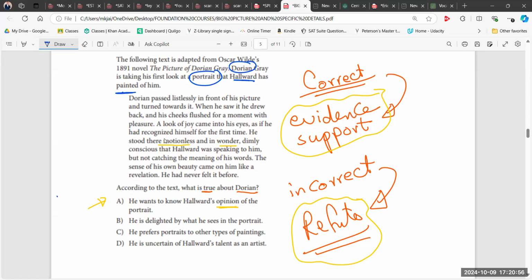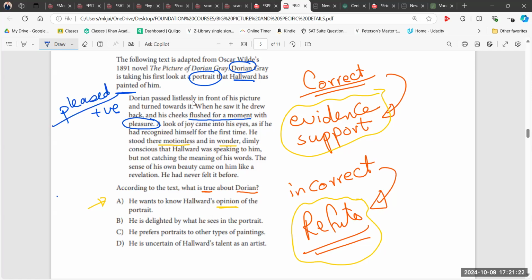Okay, let's see what's true about Dorian. Dorian passed listlessly in front of his picture and turned toward it. When he saw it, he drew back and his cheeks flushed for a moment. So that's a reaction. With what, Yazid? With pleasure. So he is what? He's pleased.